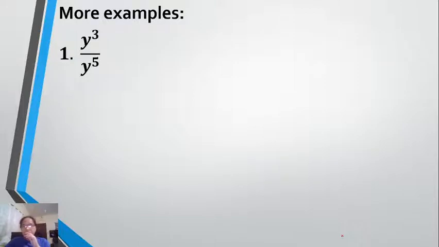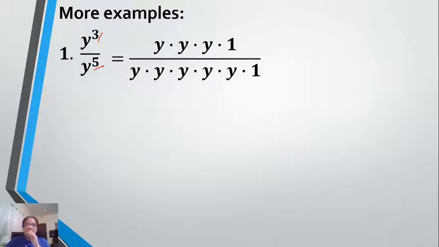How about if the exponent in the numerator is less than the exponent in the denominator? It's the other way around. So if we will try to expand the factors, how many y's are there in the numerator? There are 3 y's times 1 over 5 y's in the denominator.